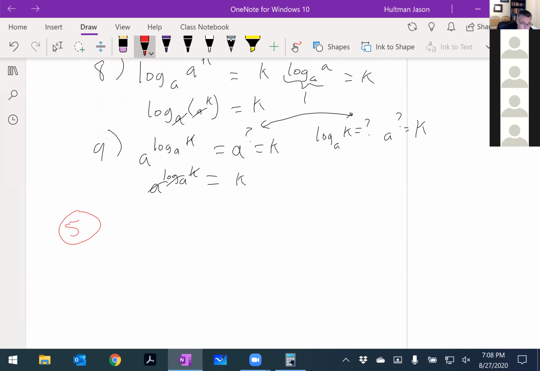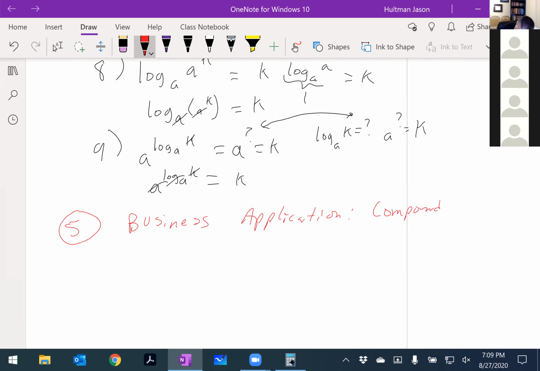Okay, Bert and Ernie. No, just Bert. So this is another business application of compound interest.